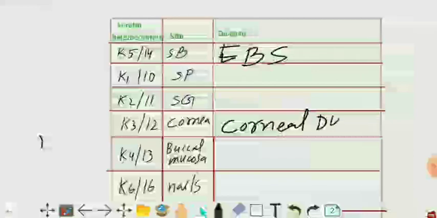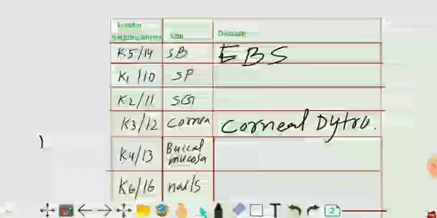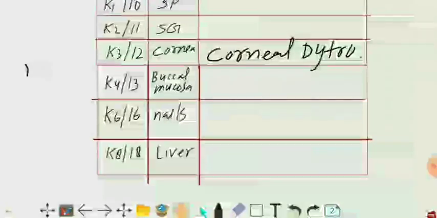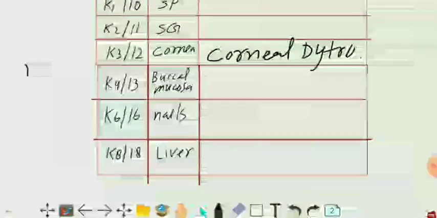And if there is a defect in the keratin heterodimer K3 by 12, which is present in the cornea, it leads to a disease that is corneal dystrophy. And if there is a defect in the K8 by 18, which is present in the liver, it leads to a disease which is known as liver cirrhosis.